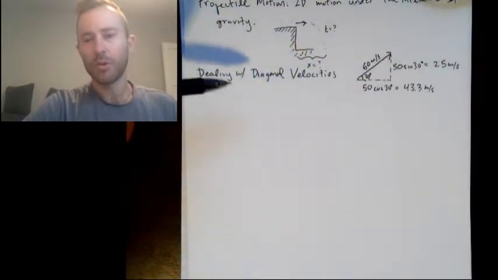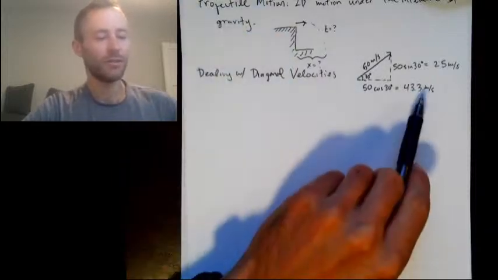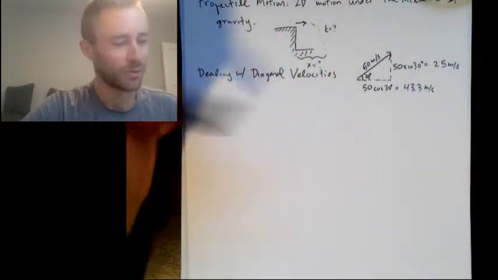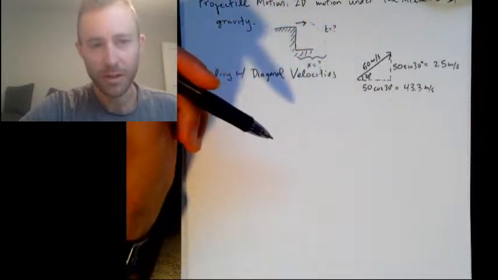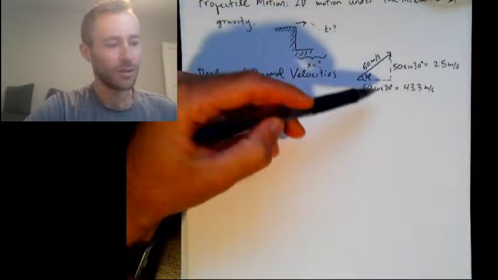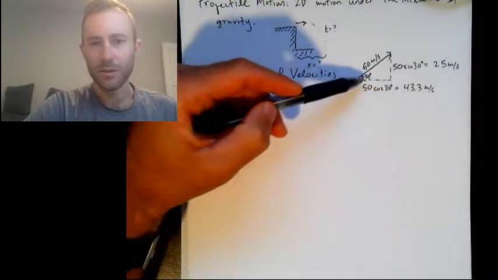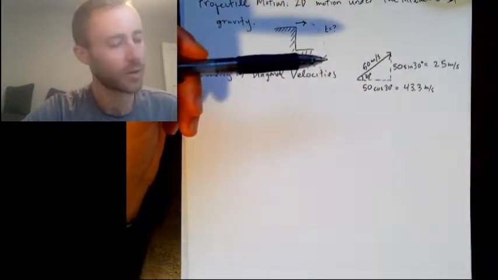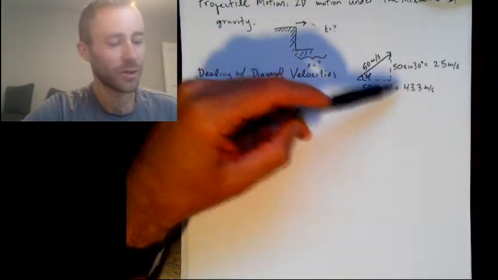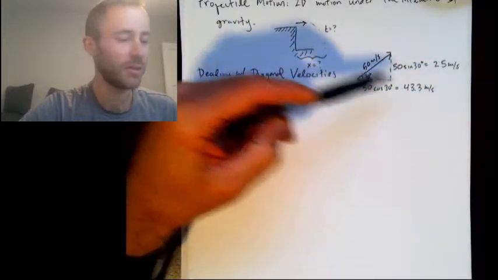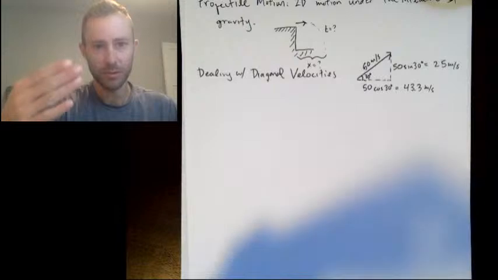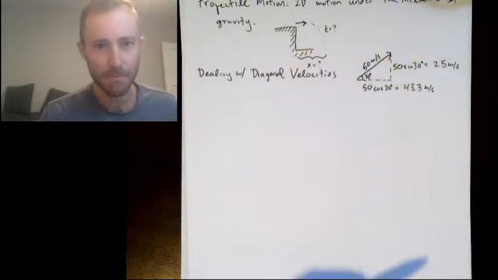One thing to keep in mind is that these two velocities add up to more than 50 meters per second, but the speed is basically the hypotenuse of the triangle. So to get the speed from these two, we have to use the Pythagorean theorem. We don't add together the two velocities, we do the Pythagorean theorem.